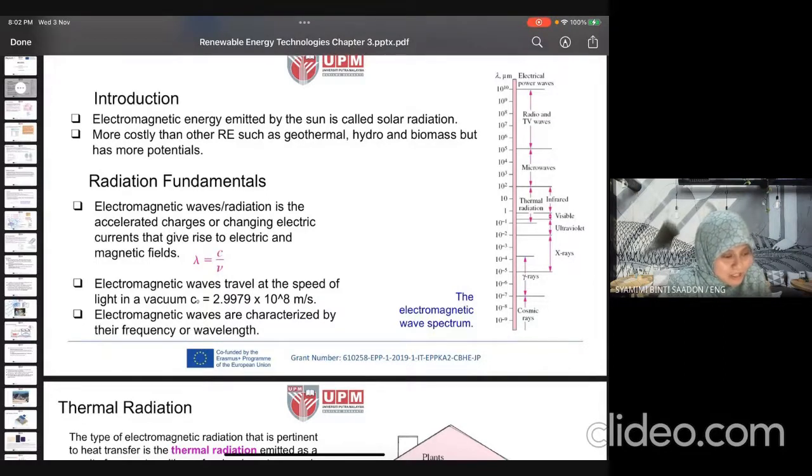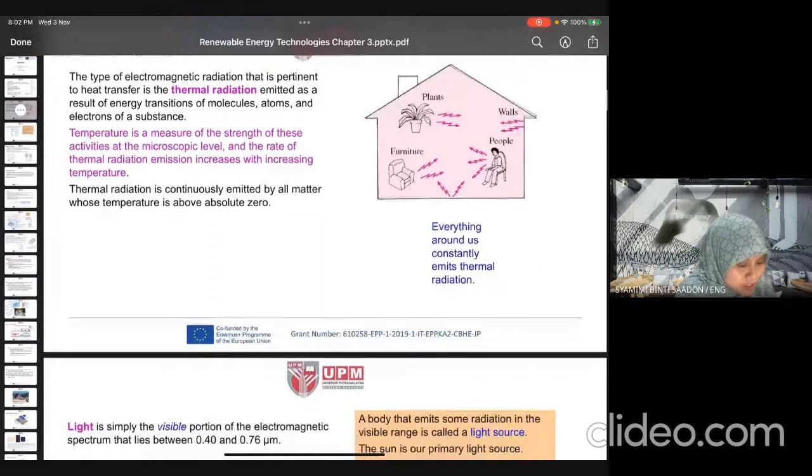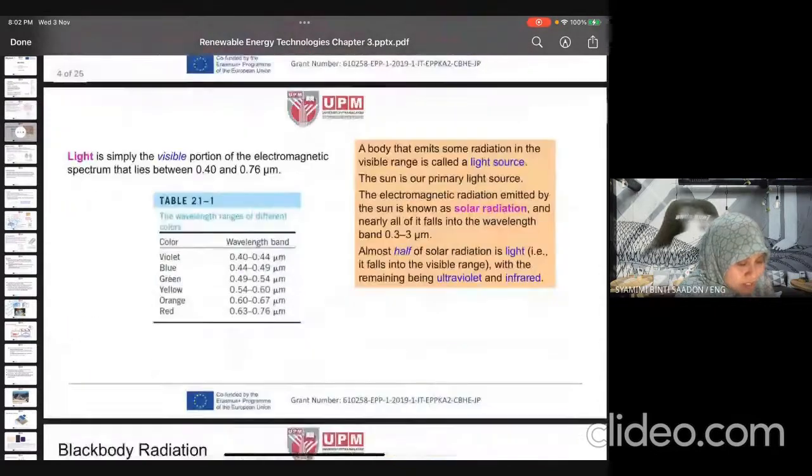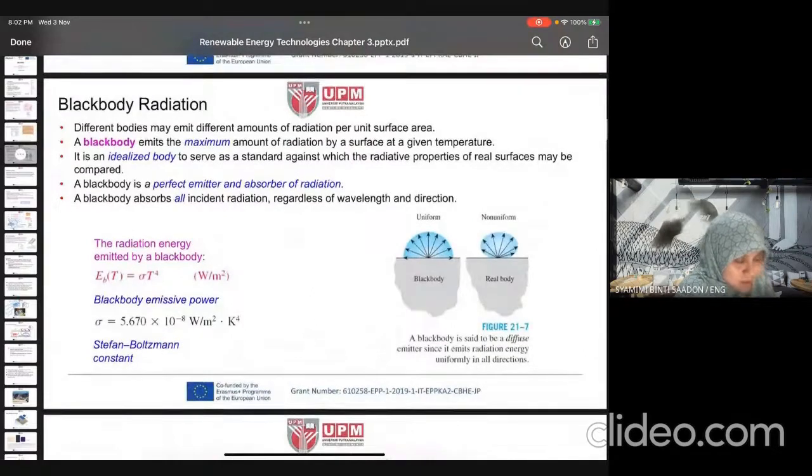Electromagnetic wave radiation, thermal radiation. Everything around us constantly emits thermal radiation, so that is a concept we have to understand. And then black body radiation. Because we want to compare, a black body is like the ideal body that can absorb all the radiation. So it is like a reference base for other different body materials.